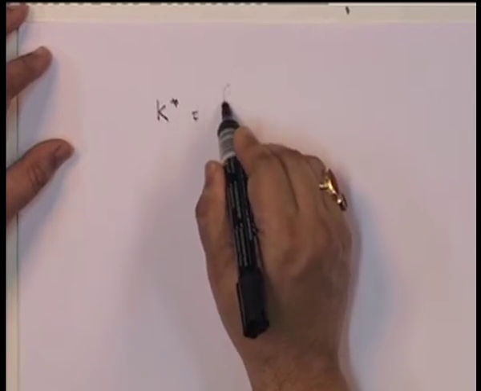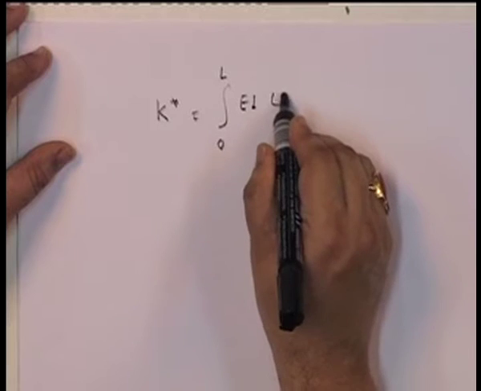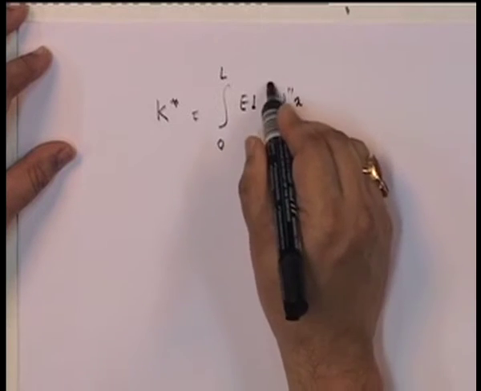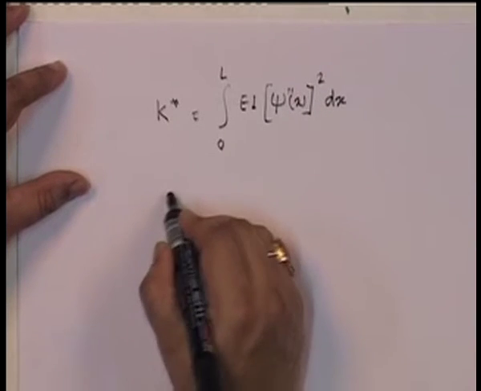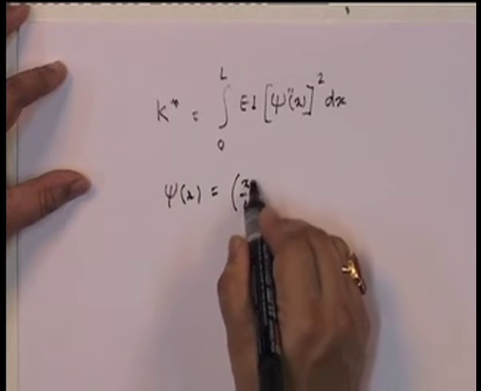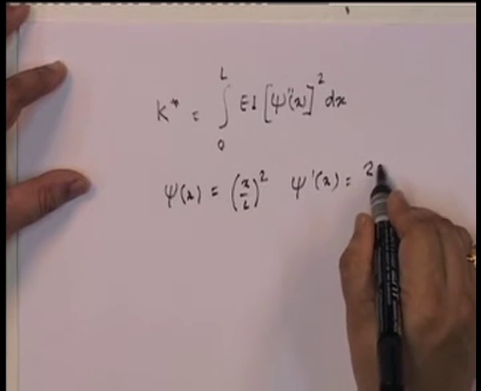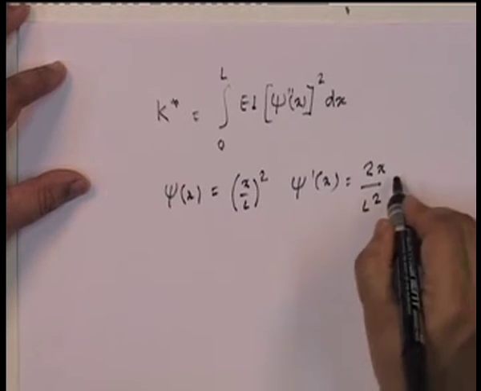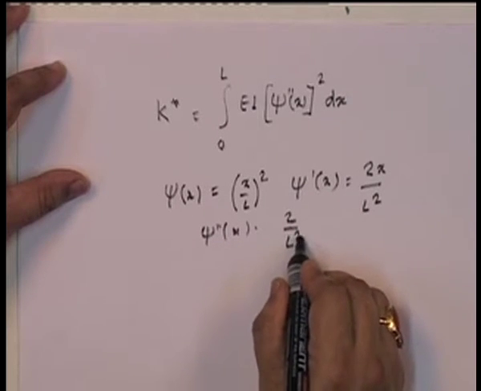So, my m star is equal to 0.2 m bar L. Now, what is my K star? My K star is equal to integral 0 to L of E I xi double prime squared dx. Okay. So, if your xi x is equal to x by L squared, then xi prime x becomes 2x upon L squared and xi double prime becomes 2 upon L squared.